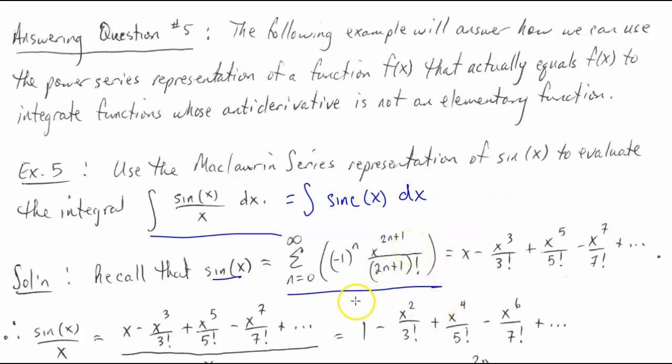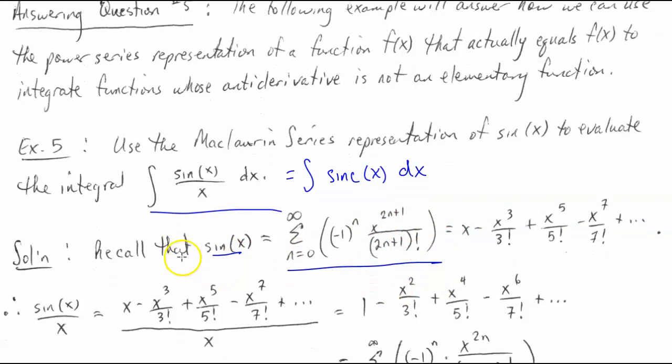So with that being said, if we were to divide sine by x, essentially what we're doing is multiplying sine x times x raised to the -1, which would basically just make us subtract 1 from all these exponents that we see here. And in doing that, we see how we have this new polynomial.